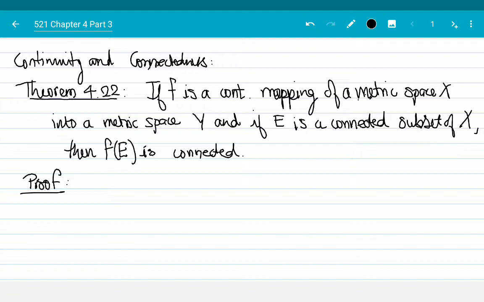Similar to compact sets, the image of a connected set under a continuous function is connected. Proof. Assume the contrary.